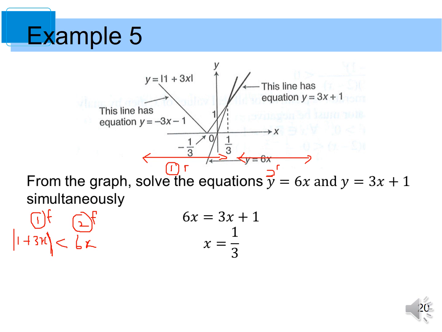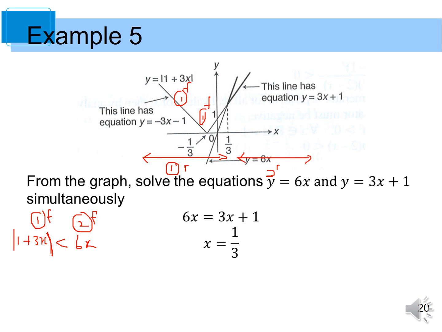So the question requires the first function less than the second function. This line is the first function, and this line starts from this point, 1/3. Look at the first interval.